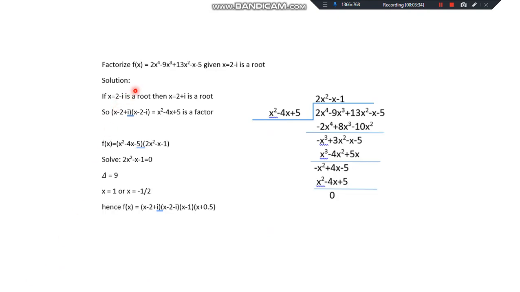So here the question is: factorize this f of x, given x equal 2 minus i is a root. Since x equal 2 minus i is a root, then by the property we said, its conjugate 2 plus i is a root. So here I have two factors, x minus 2 plus i and x minus 2 minus i. So I expand. How do I expand?